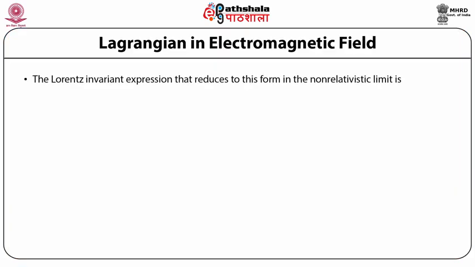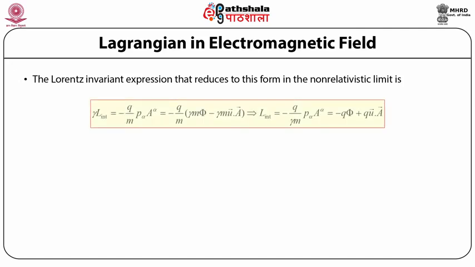The Lorentz invariant expression for gamma L_int that reduces to this form in the non-relativistic limit is gamma L_int equals minus q by m p_alpha A^alpha equals minus q by m into (gamma m phi minus gamma m u dot A).